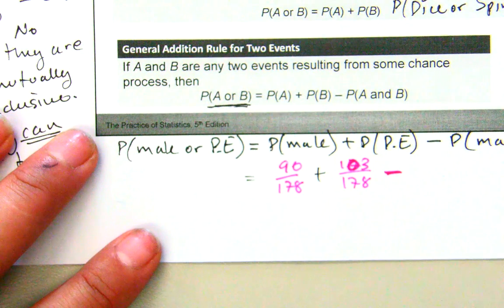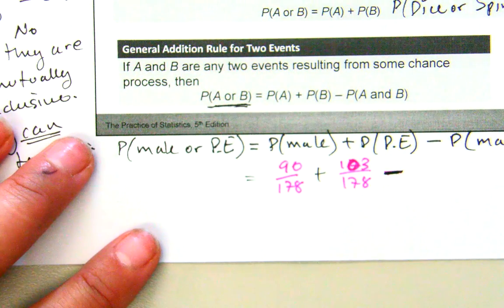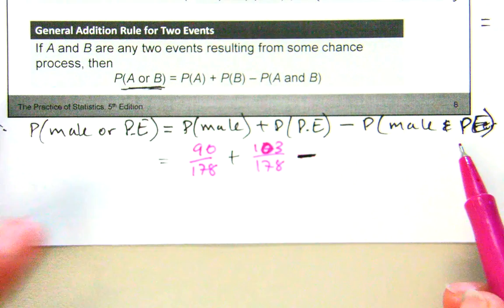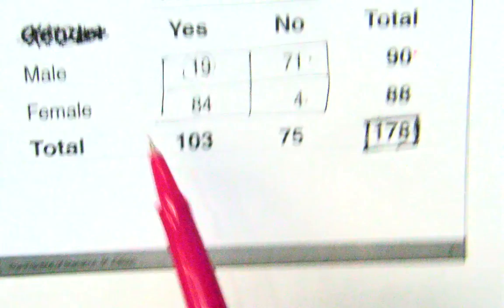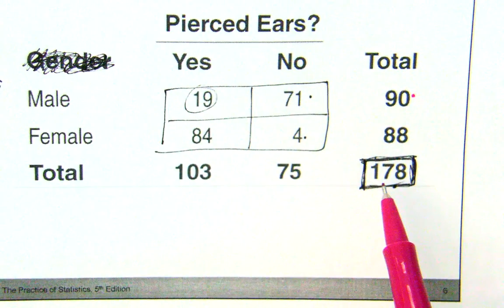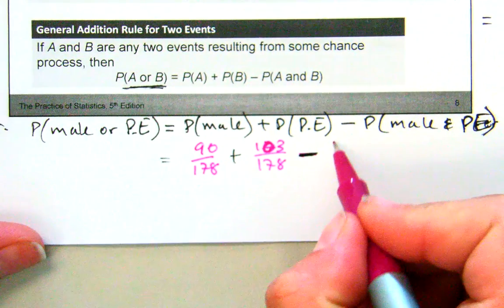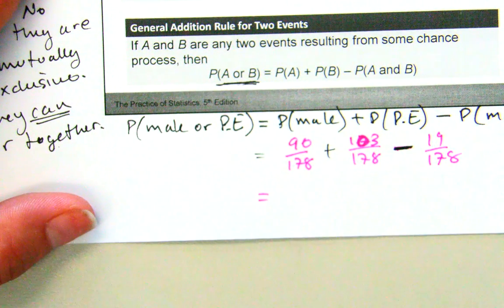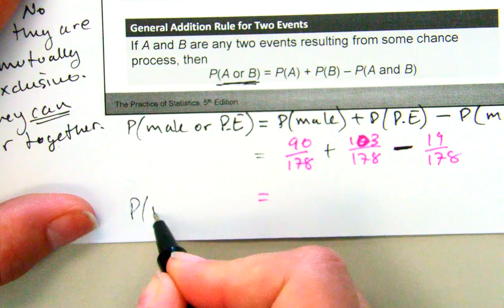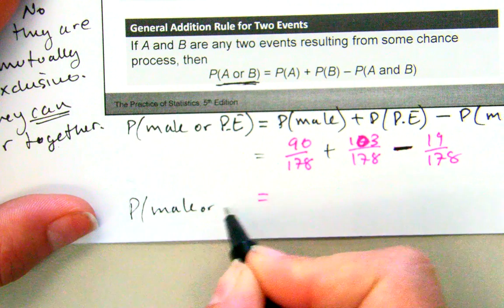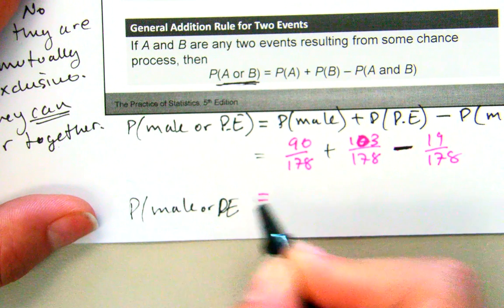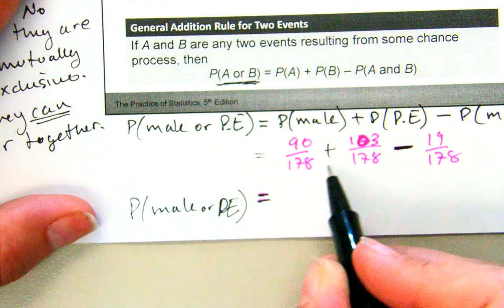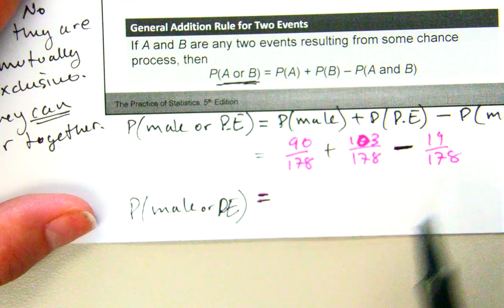Subtract out everybody who's in the intersection of male and pierced ears, which is 19 out of 178. Then you add those, subtract that, and that should give you the probability of male or pierced ears. Whatever this plus this is, minus 19.